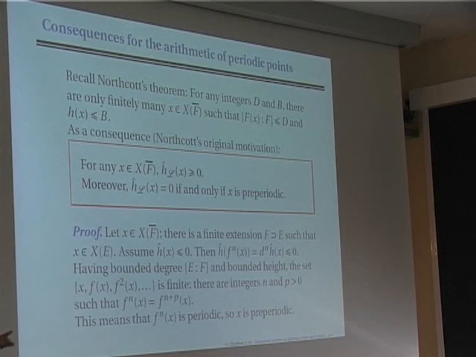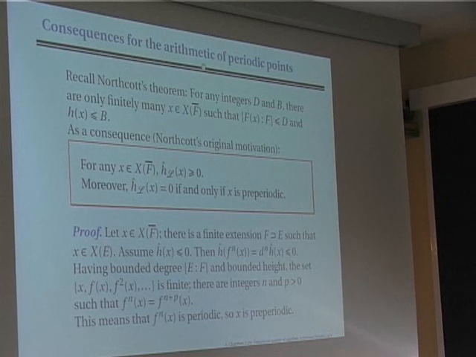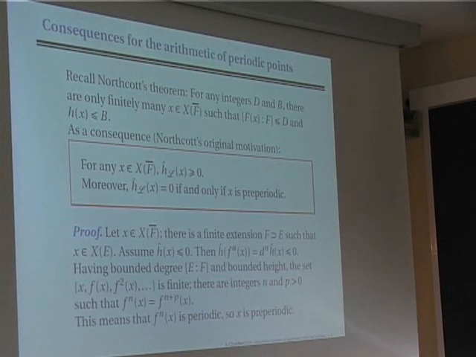Look at some algebraic point x. First of all, you can take a finite extension E of F such that the point x belongs to E. So we will first assume that the canonical height of x is non-positive, and we will prove that, in fact, the height is 0 and that the point is pre-periodic.